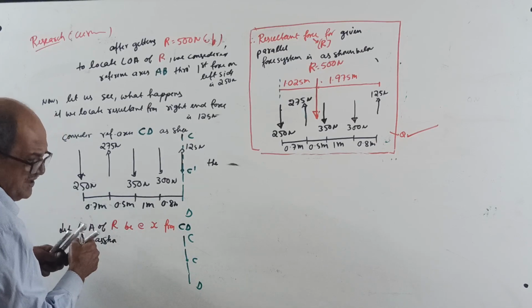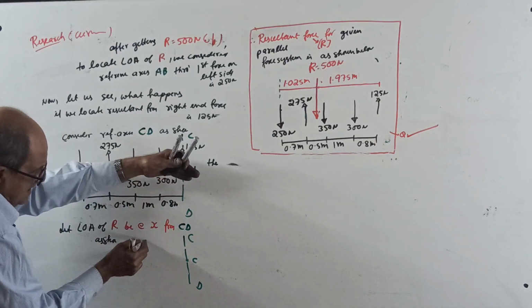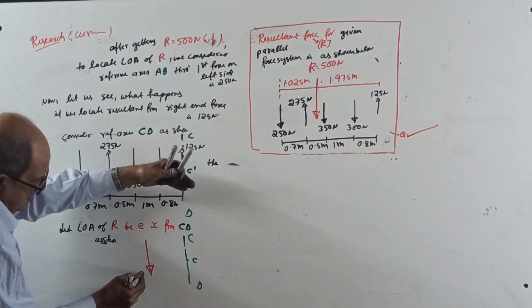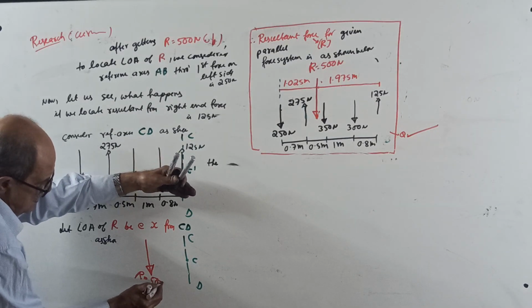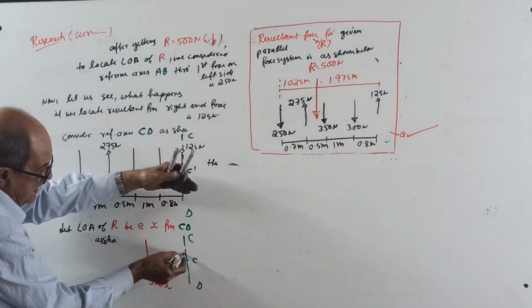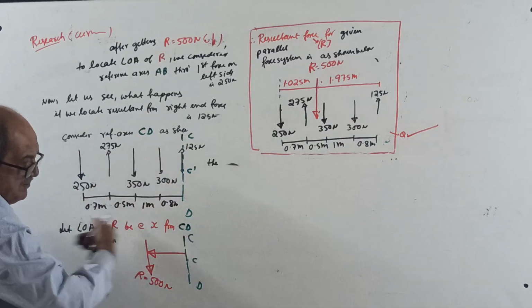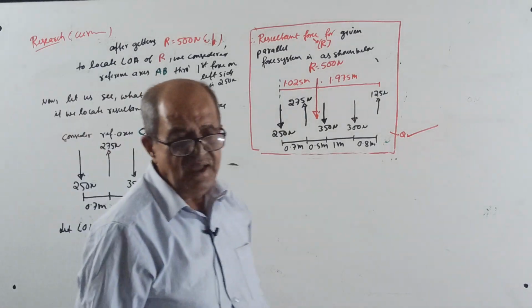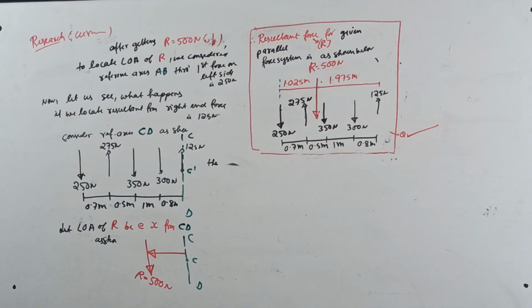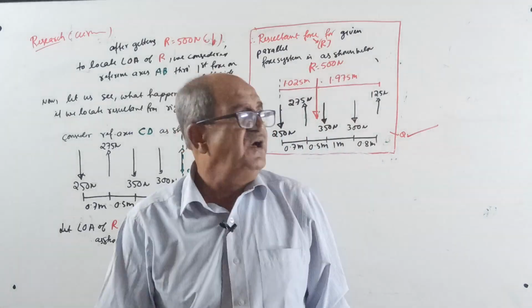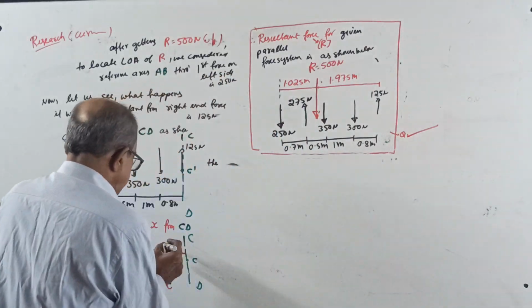We don't know where, don't see there, blindly. Now you take x to the left of C. Be careful. Now you are considering x from the CD line to the left side. Very, very important. You write here now: our distance x is from CD to the left of CD by x.